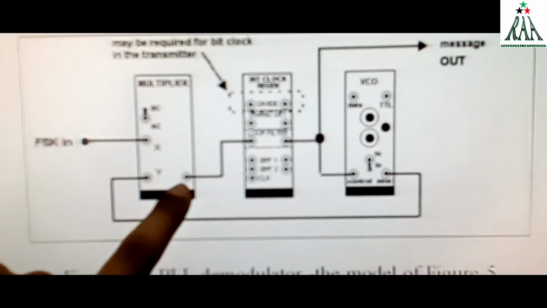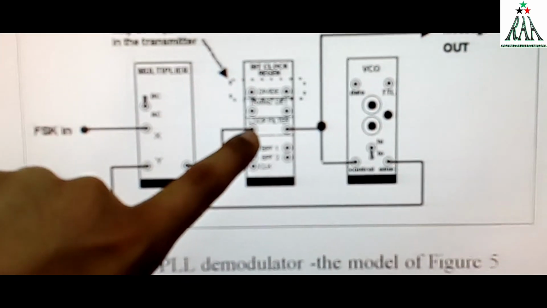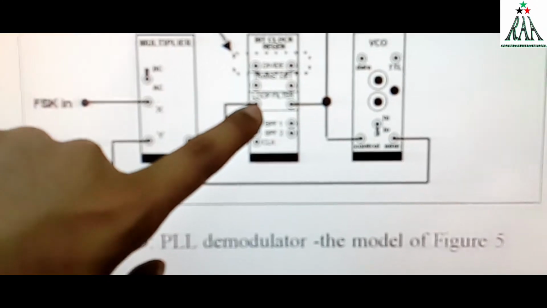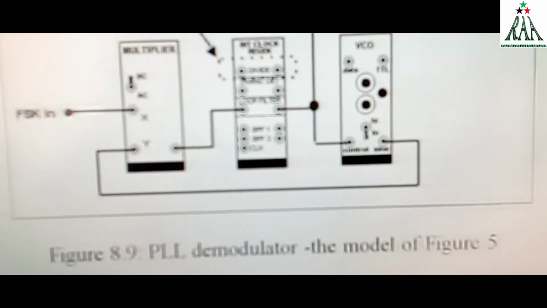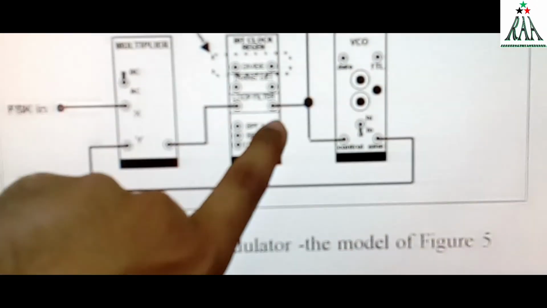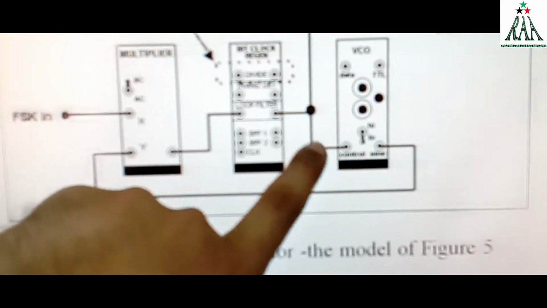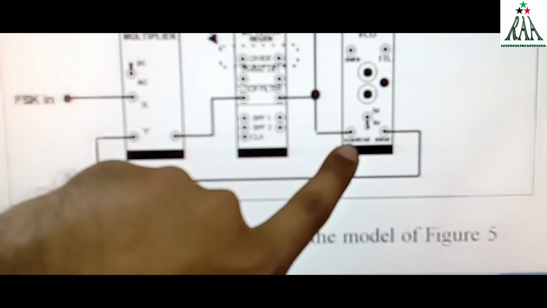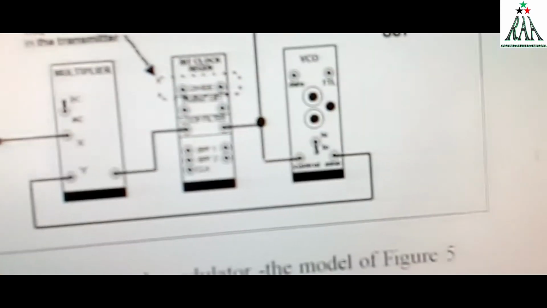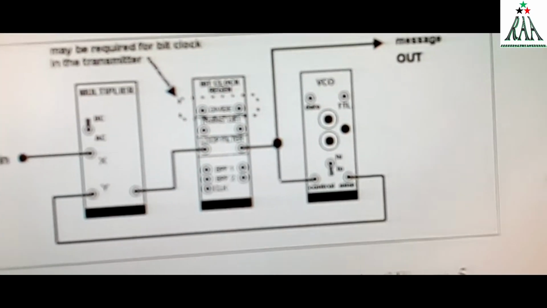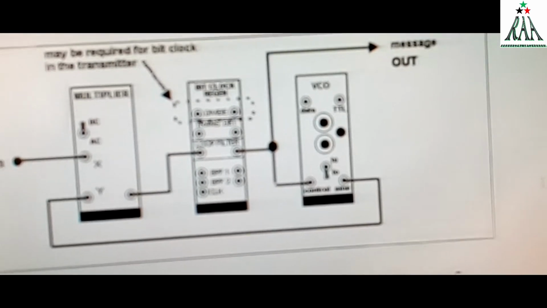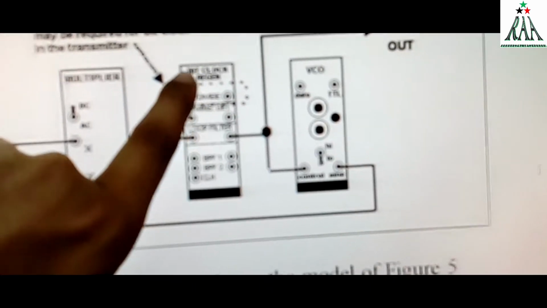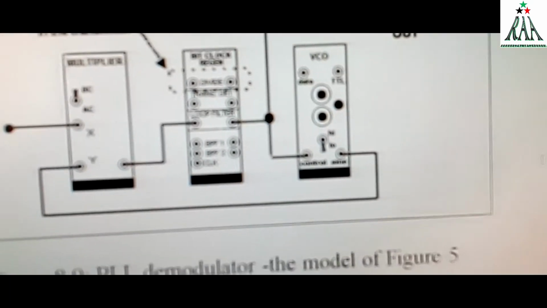The output of the multiplier will be the input to the low pass filter input port, and its output port will be given as input to the VCO control port. The output message we can see from the bit clock regenerator module.